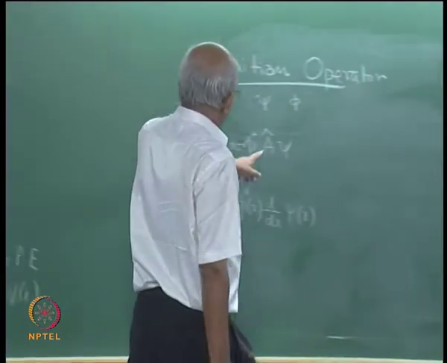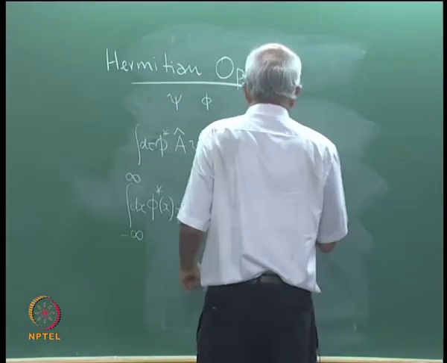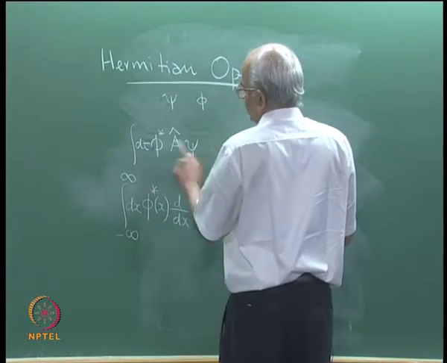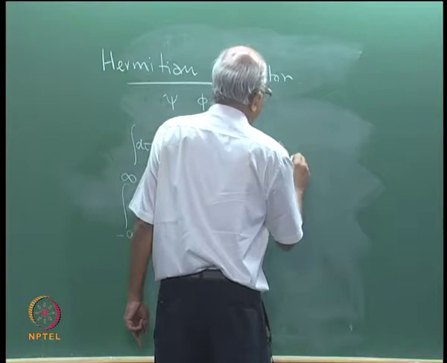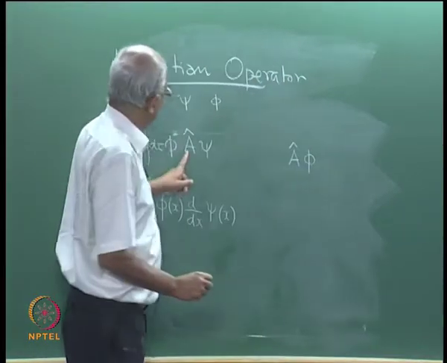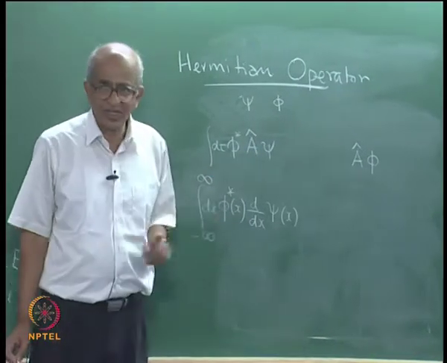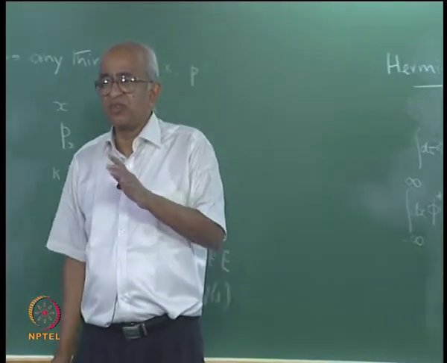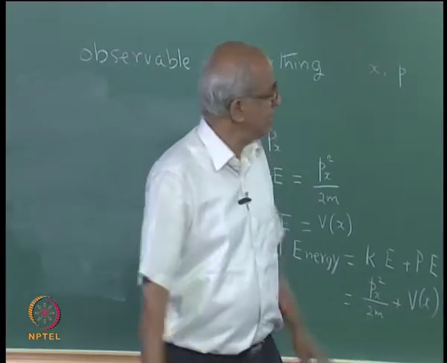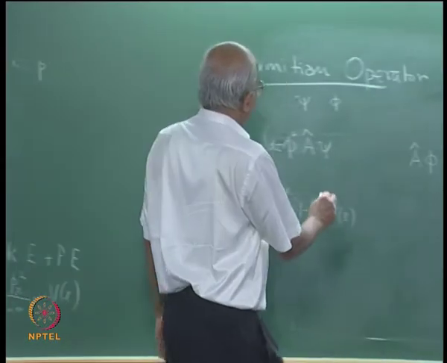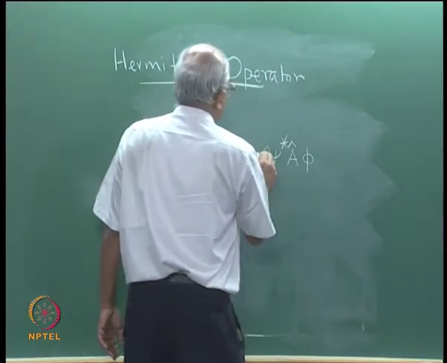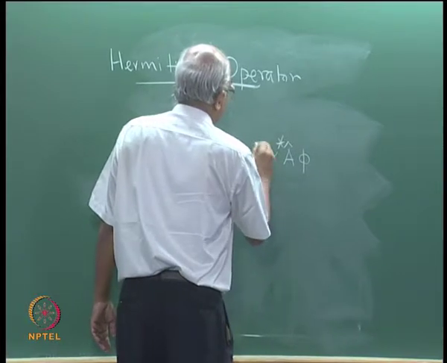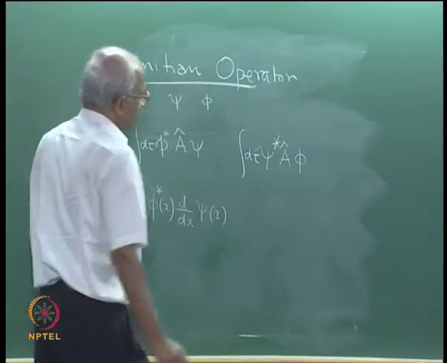Now, what I can do is instead of doing things in this fashion, I can allow A first to operate upon phi. Here I am allowing A to operate upon psi, but instead suppose I allow A to operate upon phi, multiply the result by psi star and then by the volume element d tau and integrate over the entire space.